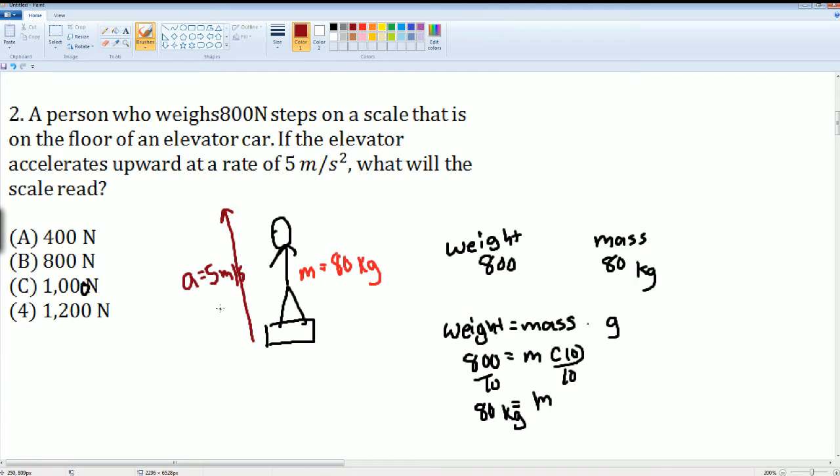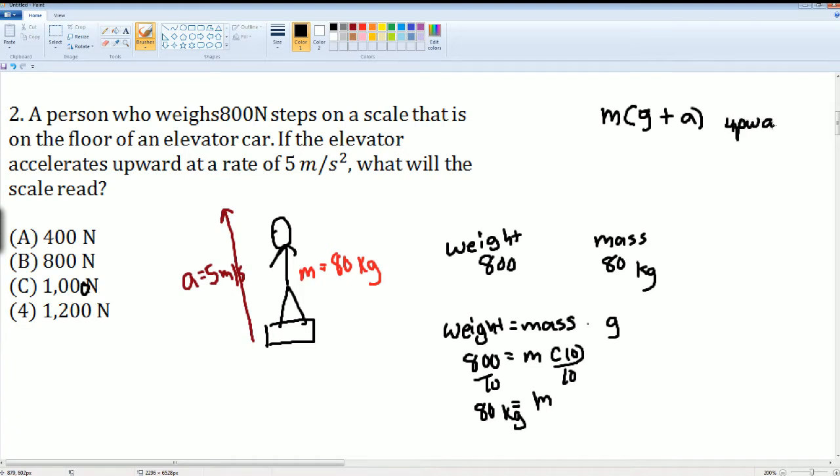Okay? All right. So here you could set up the force equation if you would like. It accelerates upwards, so here you have the object accelerating upwards. Here you have mass times g plus the acceleration. Why? Because the object is going upwards.